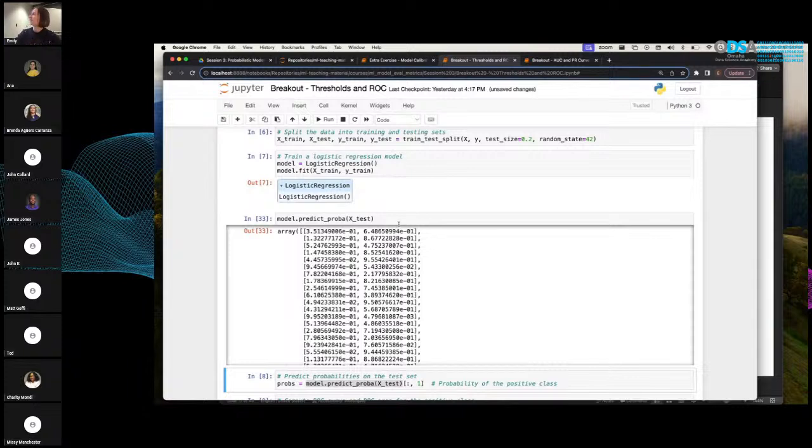I'm realizing it's not obvious from printing this out because of the e to the -1, you'd have to move the decimal point over. But basically this is 0.6 and this is 0.4. This is 0.8 and this is 0.9 if we round up with the 6, and this is 0.1. This is 0.5 if we round up with the 7, and this is 0.5.